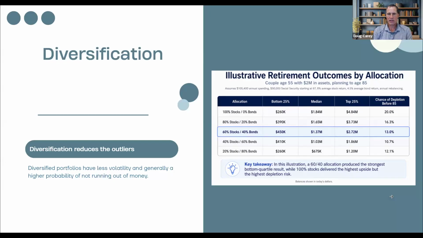As we go down in risk level, you can see the probability of running out of money starts to decrease, which is good. Now, will their potential maximum net worth go down as well? Yeah, of course, right? Because they're not taking as much risk. But really, the goal for most people is don't run out of money, right? Don't blow yourself up trying to have 10 million instead of 2 million or 3 million at the end.